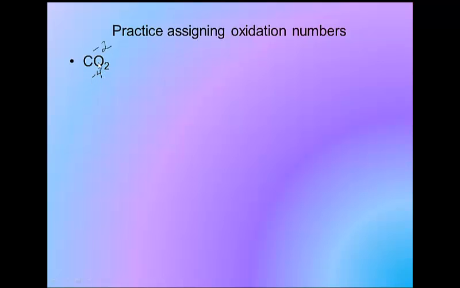This is a compound, so my oxidation states must be equal to 0. So I have to have an oxidation state of carbon that, when added to the oxidation state of the oxygens, must be equal to 0. My carbon must be a +4.